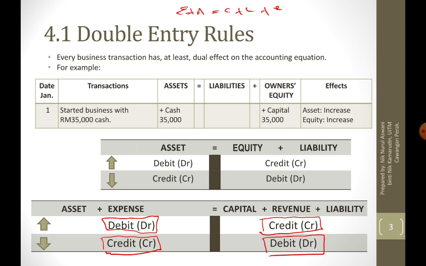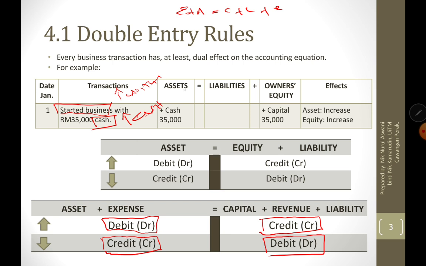Okay, we look at the first example. This is based on the previous example. On January 1st, started business with cash. Started business means an increase in capital. And then with cash, this is an increase in cash.